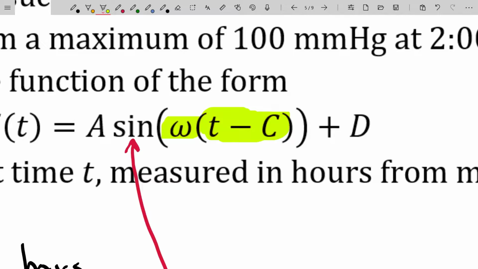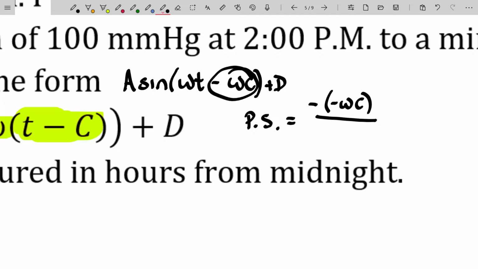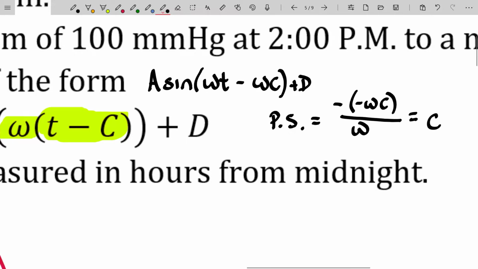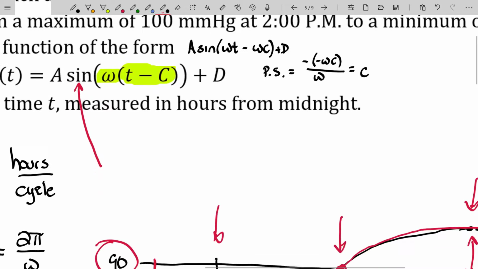If you want to multiply it out, you're more than welcome to. If you say that's sine of omega t minus omega c plus d, that's perfectly fine, because we know the phase shift where we start graphing is going to be the opposite of that. So the opposite of negative omega c divided by omega. You'll see the omegas cancel and it'll be c. So c is where we start graphing, our phase shift.